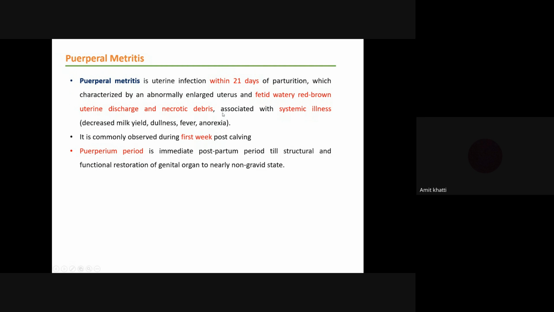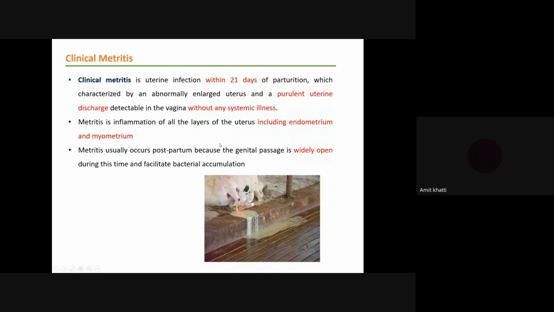Most importantly, the animal will manifest systemic illness in terms of high temperature, off feed, dullness, depression, and reduced milk yield. These systemic manifestations are observed along with this nature of uterine discharge in this window of the postpartum period. So in this period, these characteristics define the category of puerperal metritis.